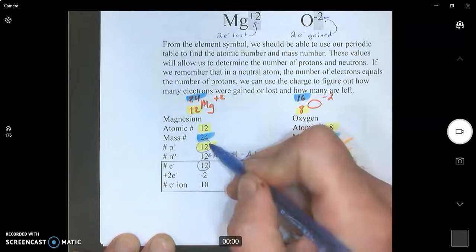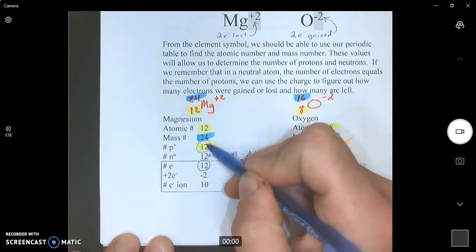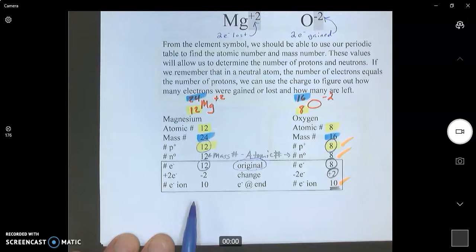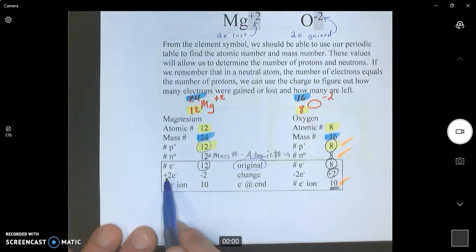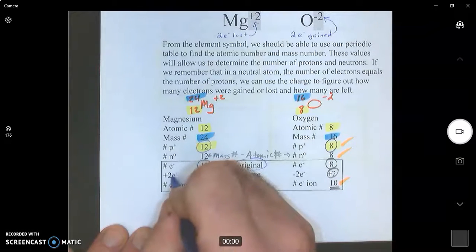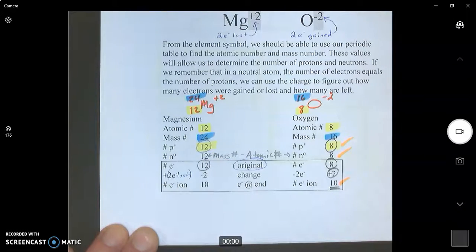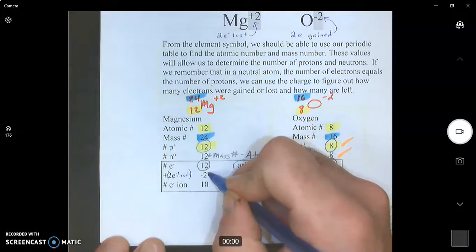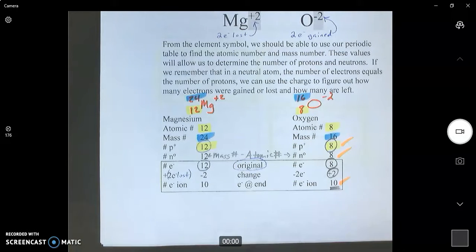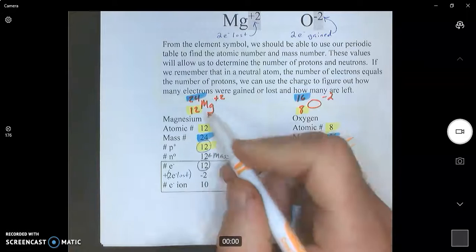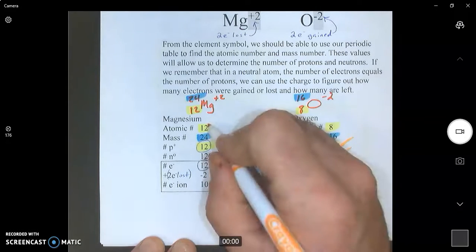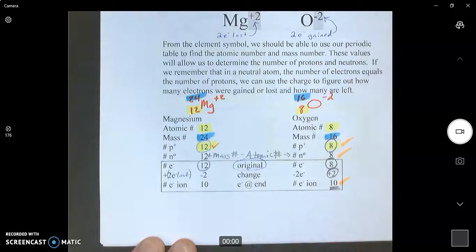That's what we talked about in past chapters: protons and electrons are equal in the original neutral atom. But the +2 charge means that 2 electrons were lost. So from the neutral number, I take 2 away, and I end up with 10 electrons. So from magnesium 24, 12 with a +2 charge, we use the atomic number to find the protons.